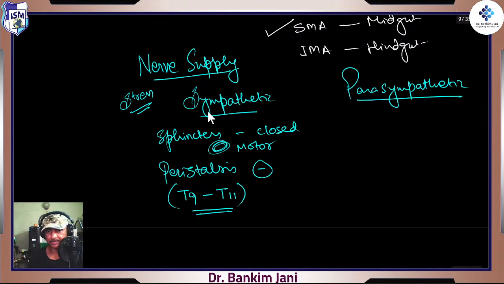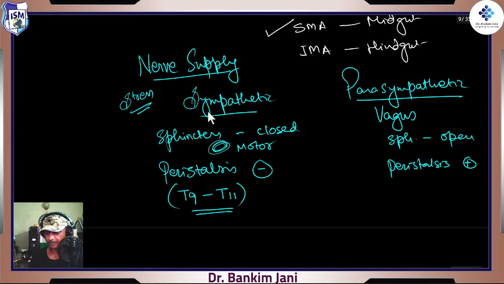Regarding parasympathetic, this is the vagus, always the vagus, eat and rest. It will do just the opposite of what sympathetic was doing. Sphincters will open, and peristalsis would be stimulated.